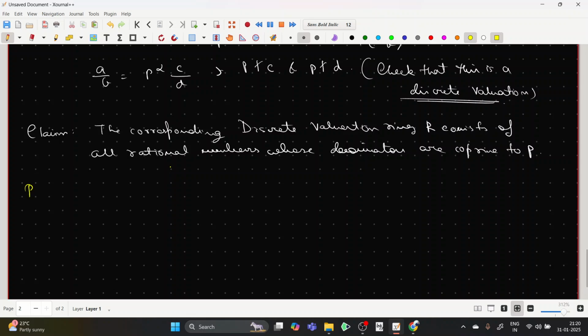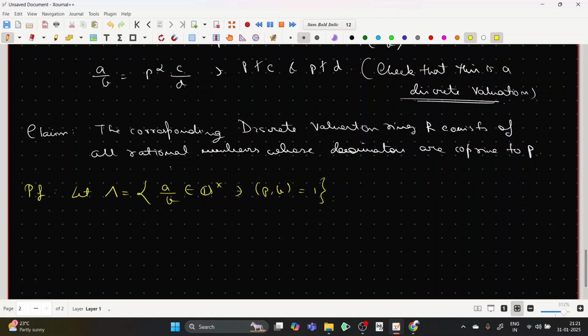Okay, so the proof. For simplicity, let me set some notations. Let capital Lambda be the collection of all elements A by B from Q cross, such that P and B are co-prime.